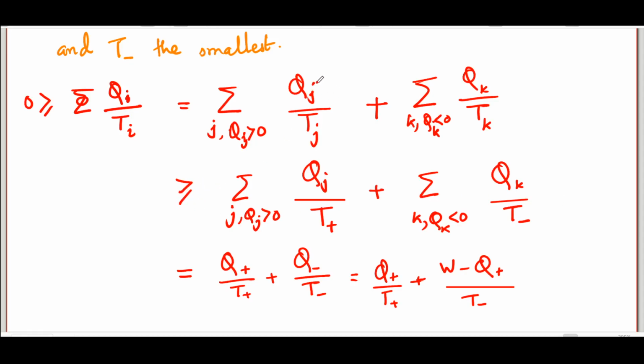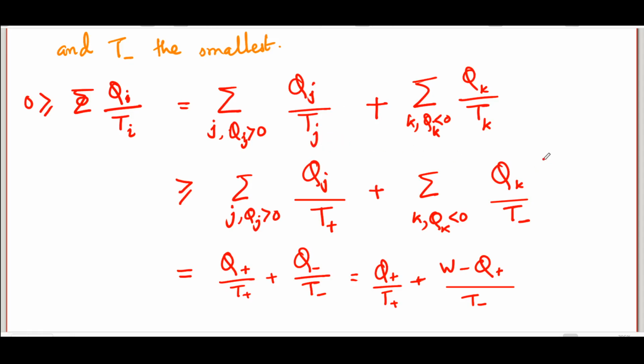Now here, you have a bunch of heats taken in, positive heats, which are divided by the corresponding temperatures, and you have replaced that here by the largest of the temperatures, T plus. This will always reduce the quantity, so this will become a less than, unless there is only one temperature at which heat is taken in. So the sum does not have multiple terms, it has only one term at temperature T plus.